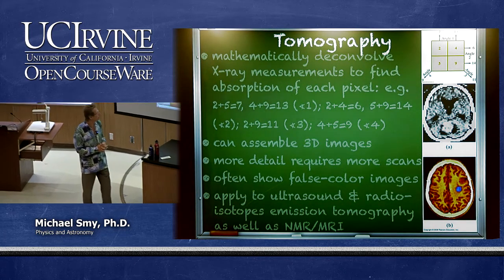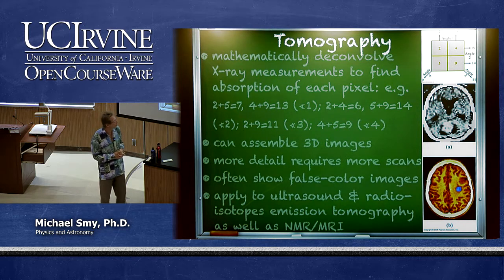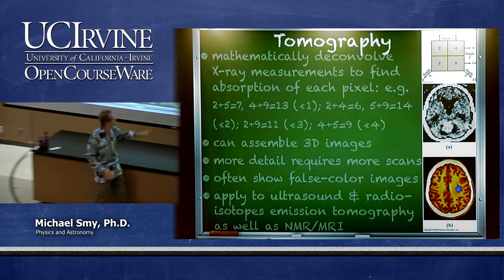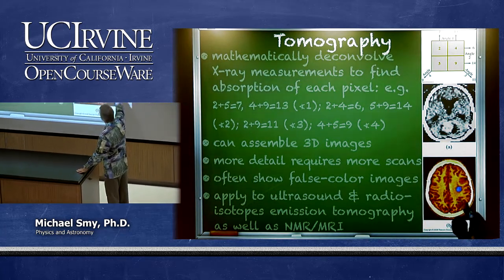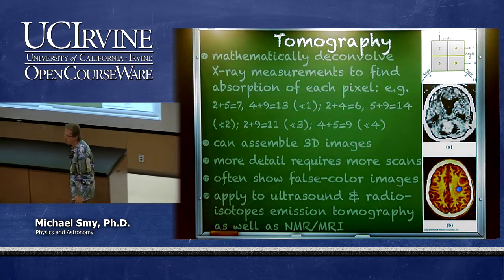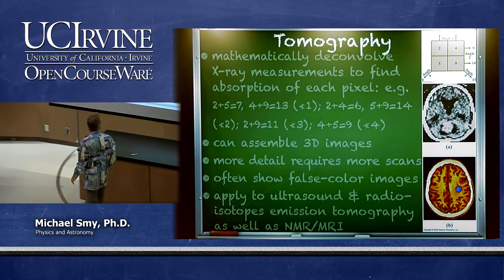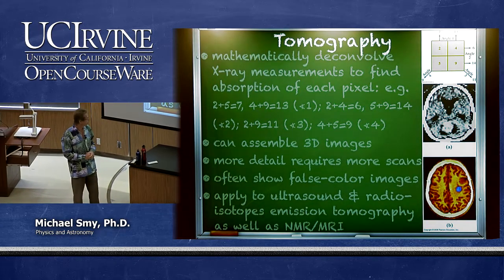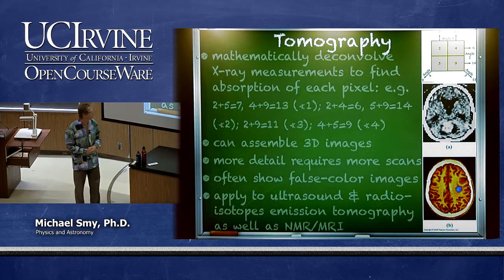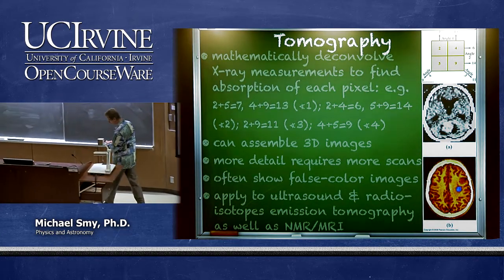And the image is often shown in false colors to emphasize particular features, like this particular area in this brain. And one can apply it to ultrasound and radioisotope emission tomography as well. And then finally to the magnetic resonance imaging technique, which we will talk about later.